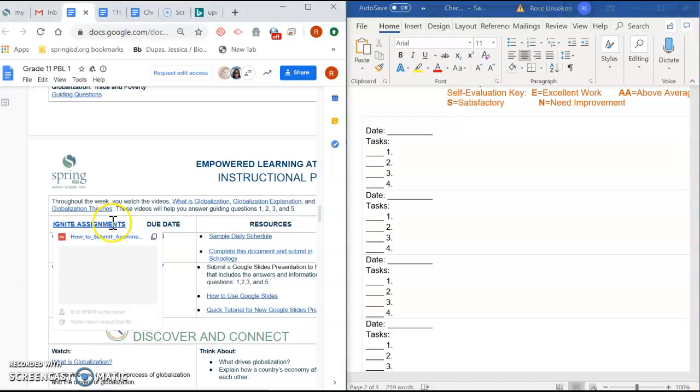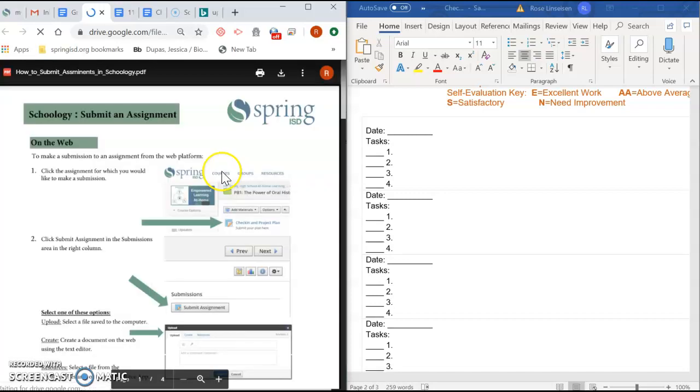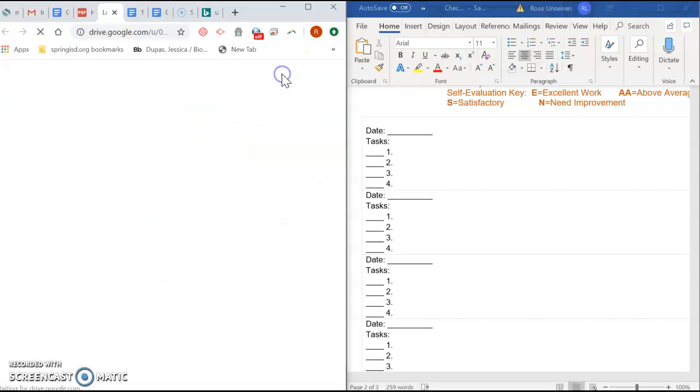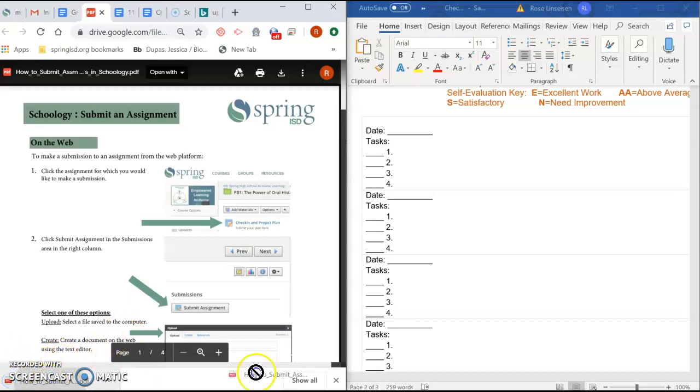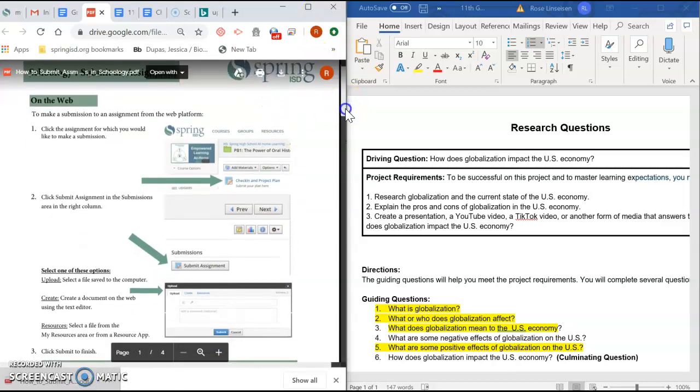If you click on this where it's Ignite Assignments, hold on just a second, let me pull this up. Okay, I'm going to put it over here, hopefully. Whoops, it didn't work out the way that I wanted to, but I'm just going to go through it.